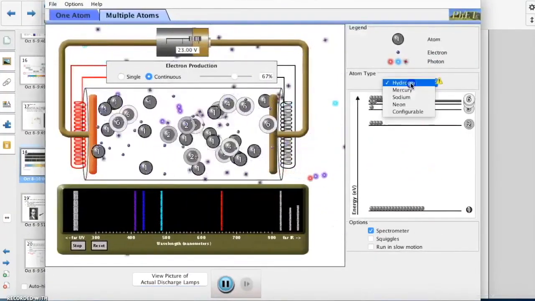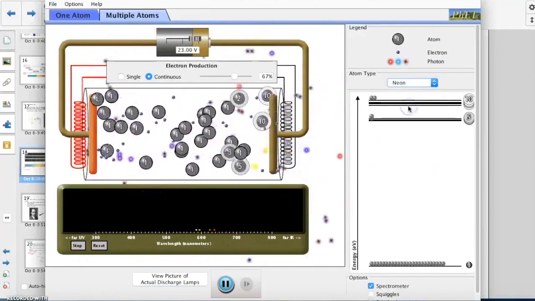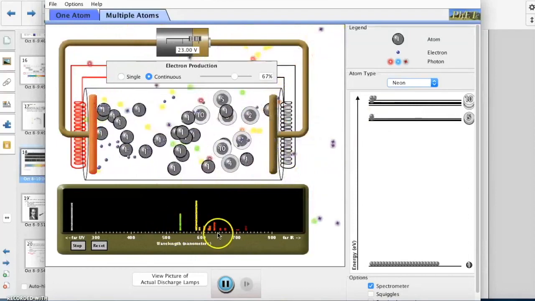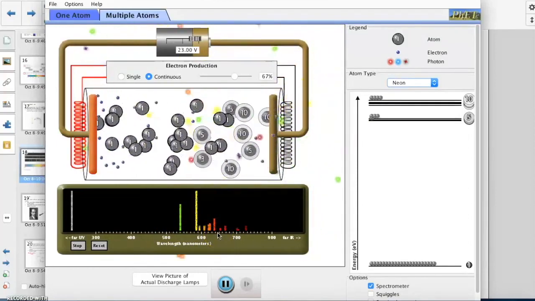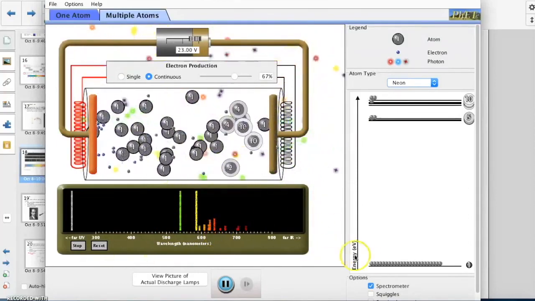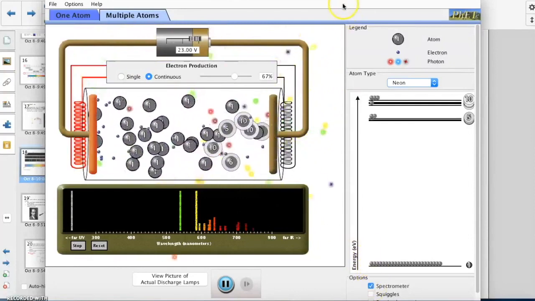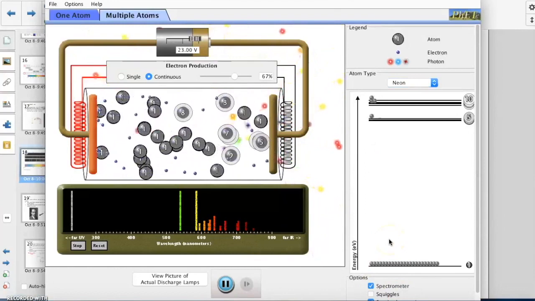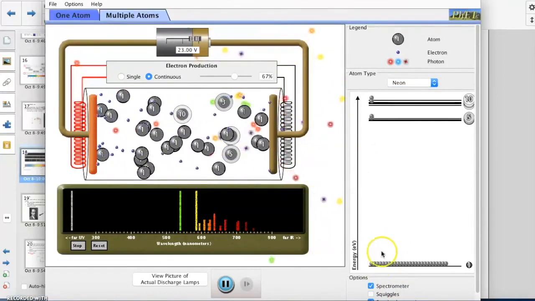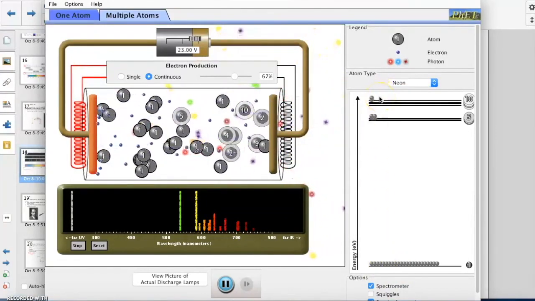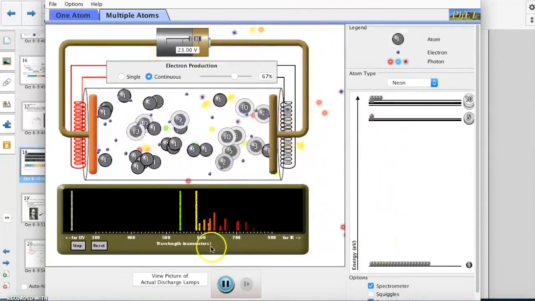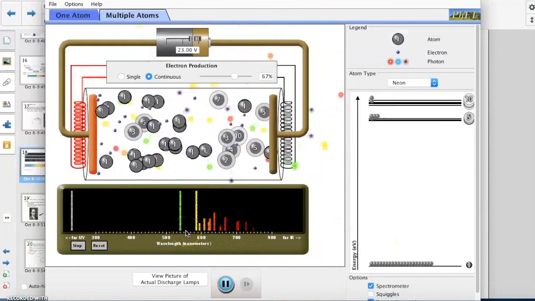If we have another element, for example neon, which was the other lamp that we saw the other day, as you can see, the colors that the neon atoms are going to be emitting are going to be different. I'm going to put this in slow motion, because the electrons of the neon atoms that are being excited to higher energy levels, when they go back down to lower energy levels, emit photons that have other frequencies and other wavelengths.